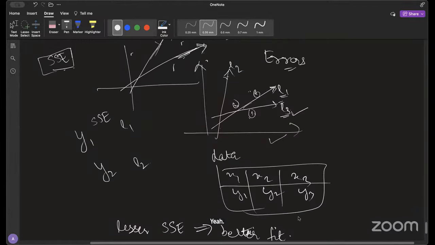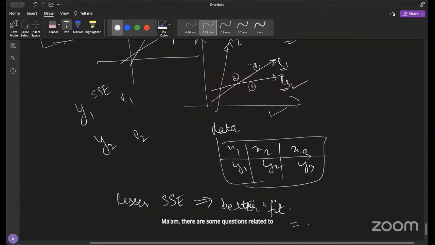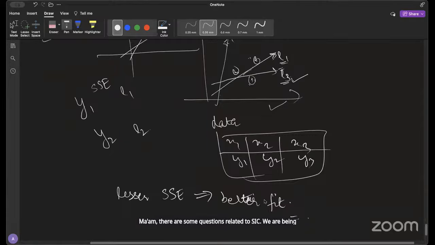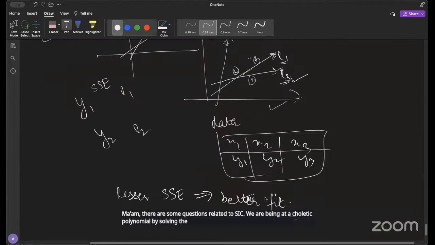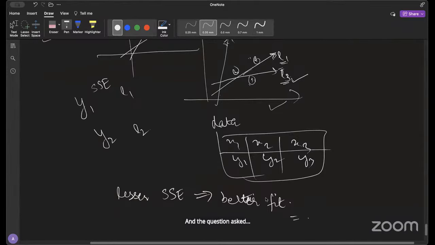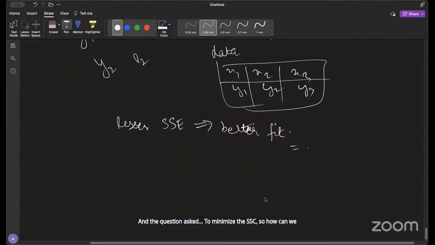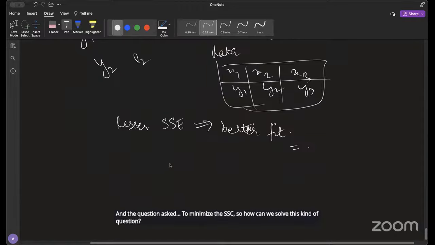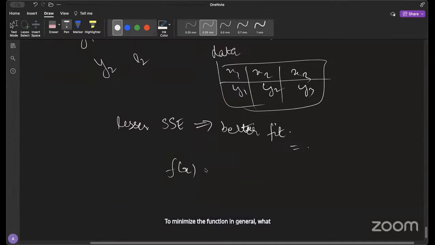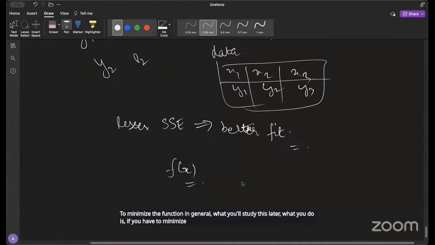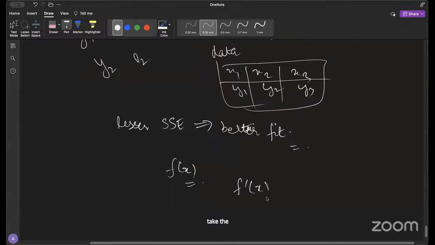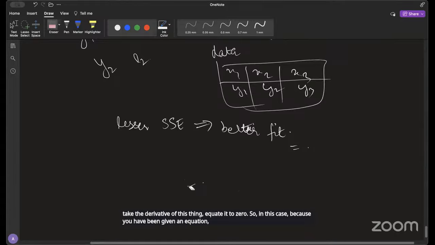Ma'am, there are some questions related to SSE where we get a quadratic polynomial by solving the data provided, and the question asks to minimize the SSE. How can we solve this kind of question? To minimize a function in general, you take the derivative and equate it to 0.